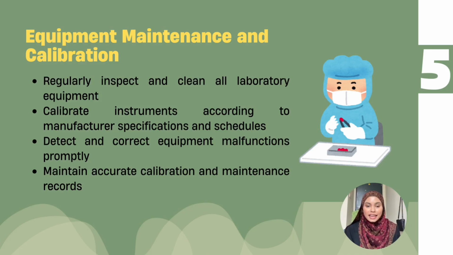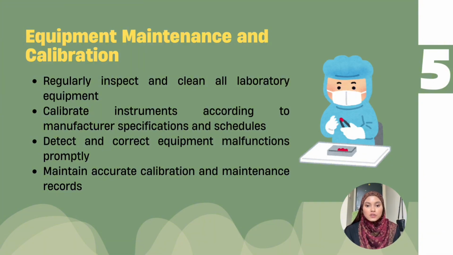Equipment maintenance and calibration in the laboratory. Proper maintenance of laboratory equipment is very important to ensure safety, accuracy, and reliable experimental results. Therefore, all laboratory equipment should be regularly inspected and cleaned to prevent contamination and damage.